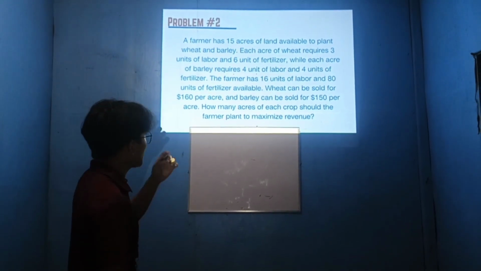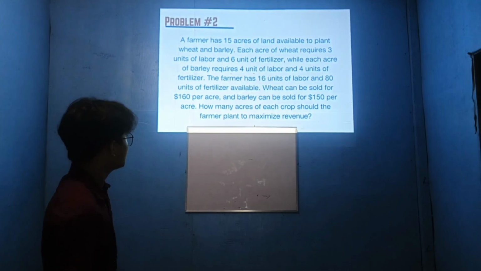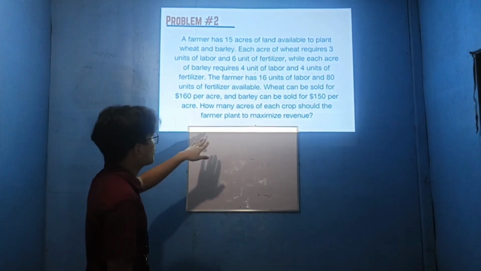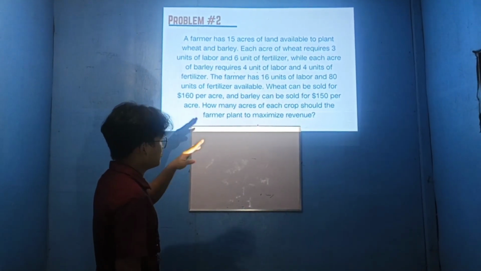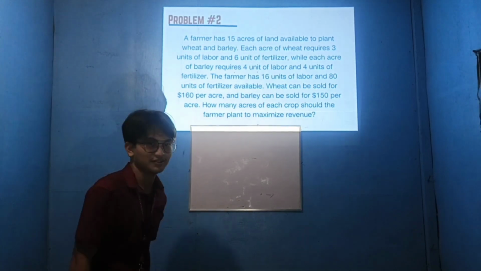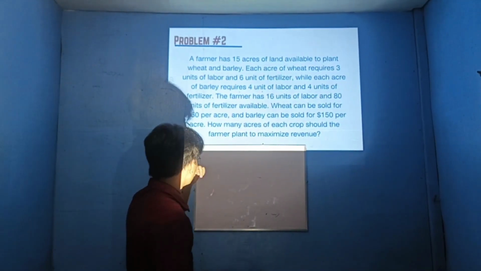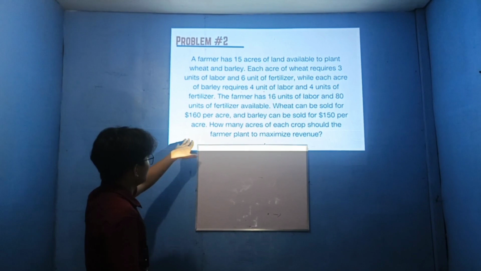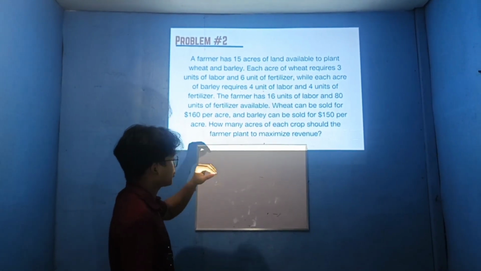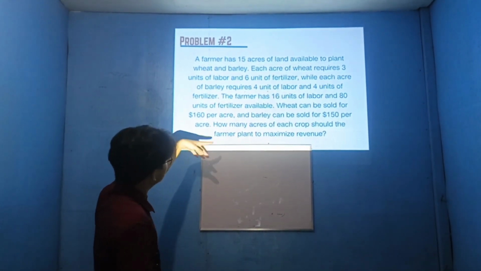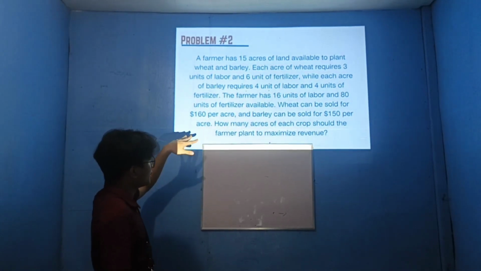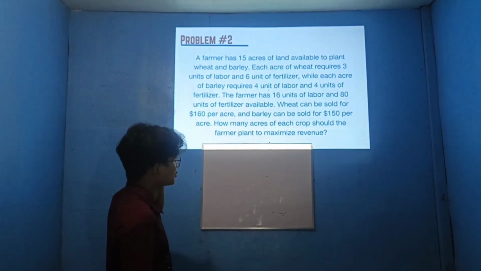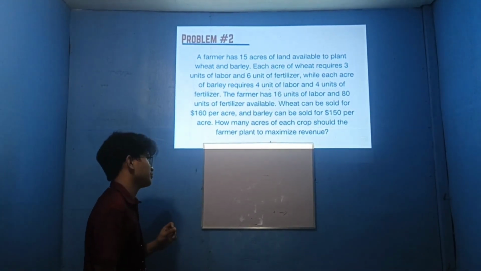The farmer has 16 units of labor and 18 units of fertilizer available. Wheat can be sold for 160 per acre and barley can be sold for 150 per acre. Problem number 2 asks how many acres of each crop the farmer should plant to maximize revenue.